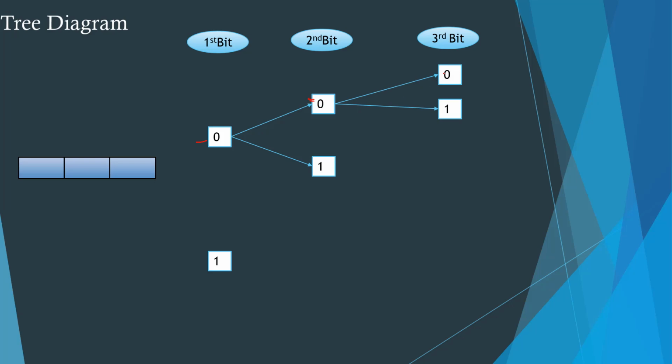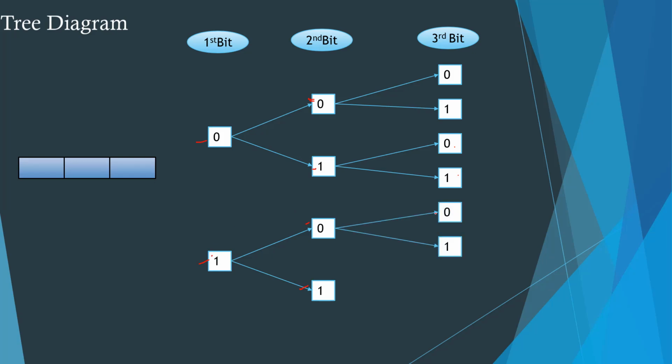Then again I'll have two options in the third bit, either 0 or 1. But I may have selected 1 in the second bit. Then again I'll have two options in the third bit, either 0 or 1. Initially I might also have chosen 1. Then again I'll have two options in the second bit, either 0 or 1, and so on for the third bit.